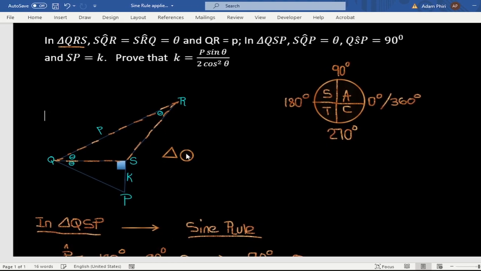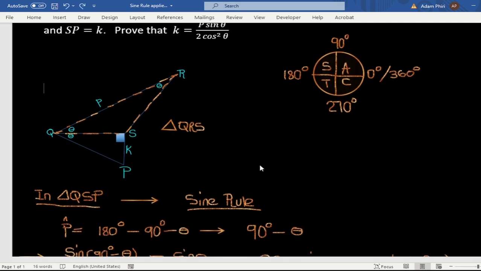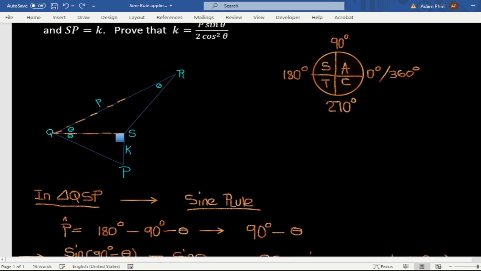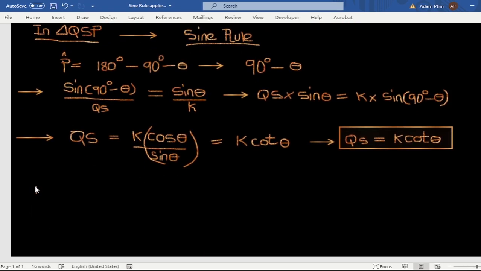So moving in triangle QRS, we need to find the angle QSR.